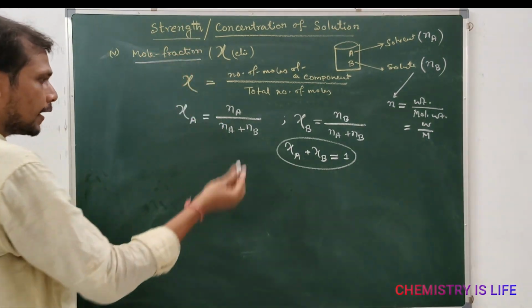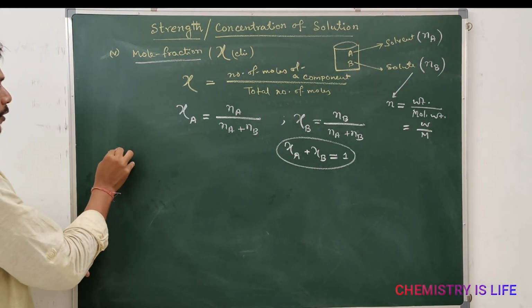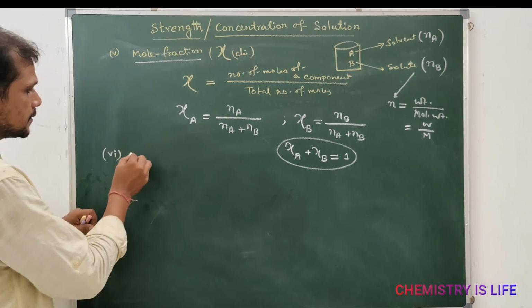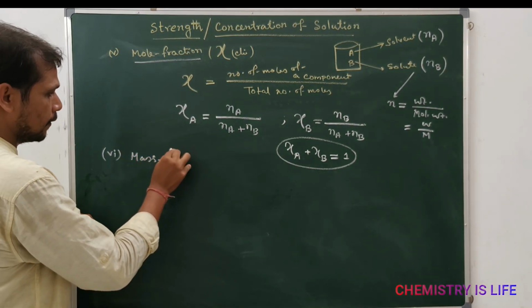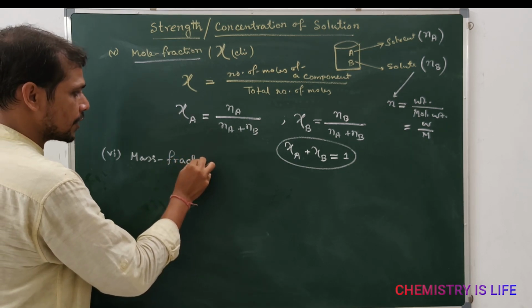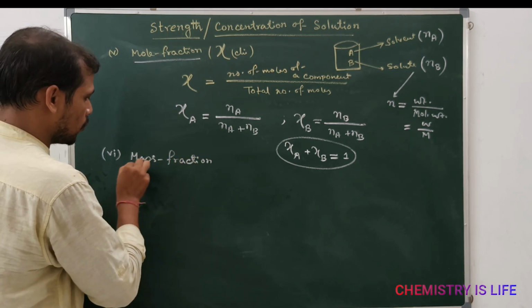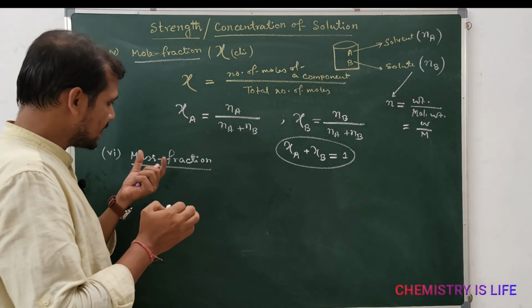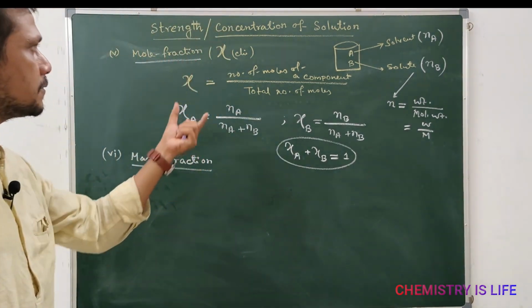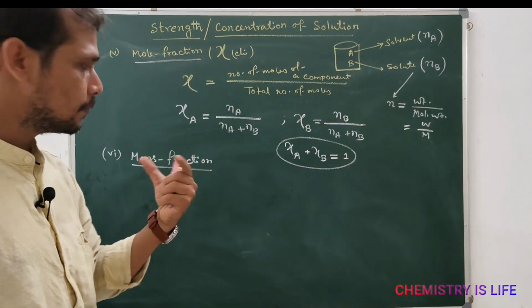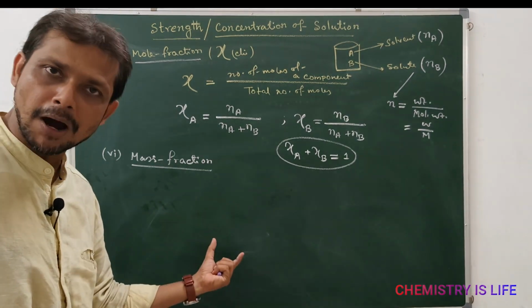Okay, so this is mole fraction. Another similar type of concentration term is called mass fraction. What is mass fraction? It is similar to mole fraction. Mole fraction means the ratio of the moles, mass fraction means the ratio of the mass.